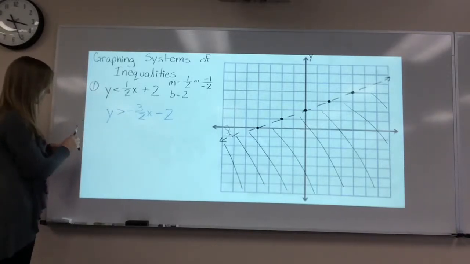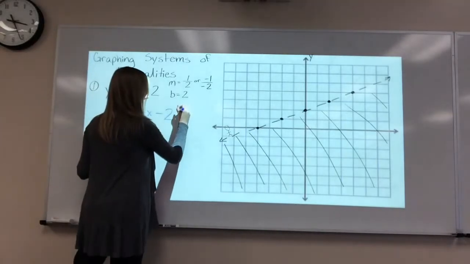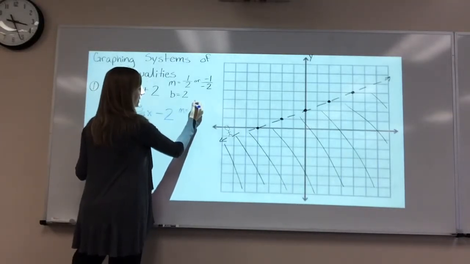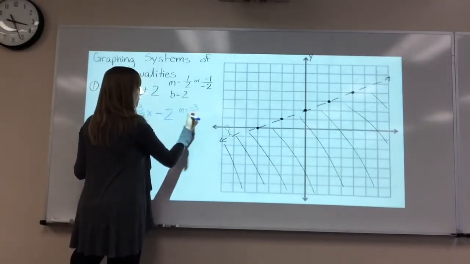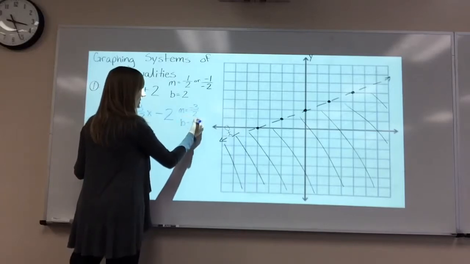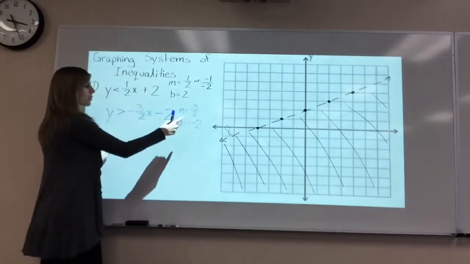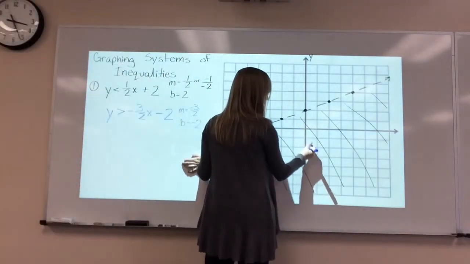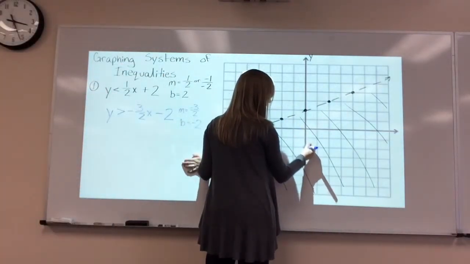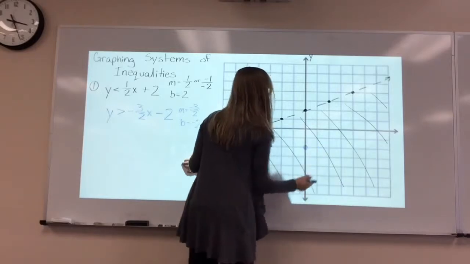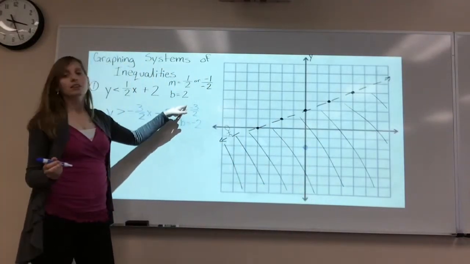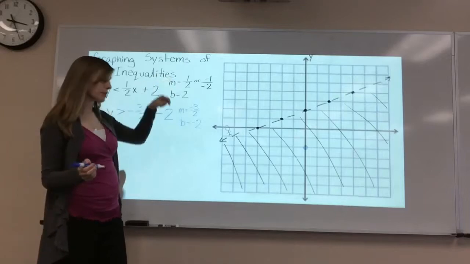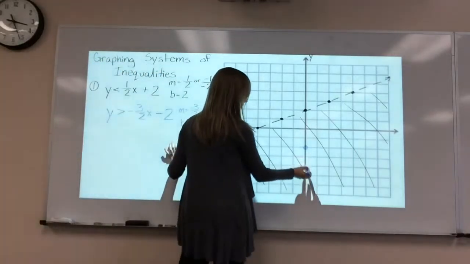So for the second inequality, my slope is negative 3 over 2. My y-intercept is negative 2. Graph the y-intercept first. So negative 2 means go down 2. Put a point. After that, my slope tells me the rise is negative 3, so I'm supposed to go down 3. 1, 2, 3.